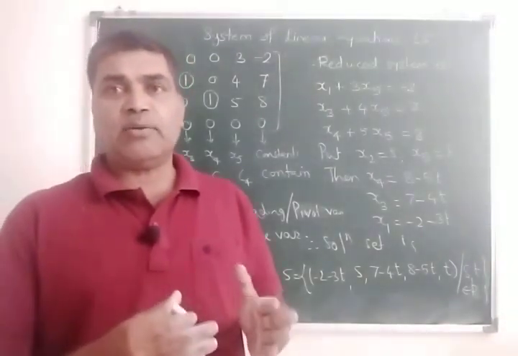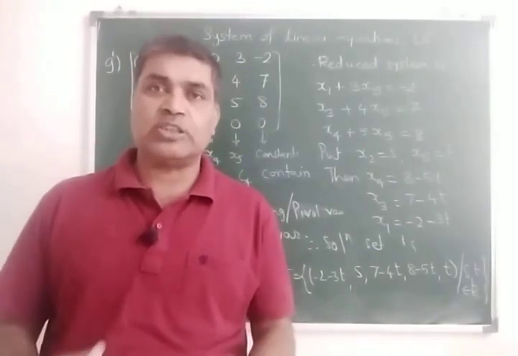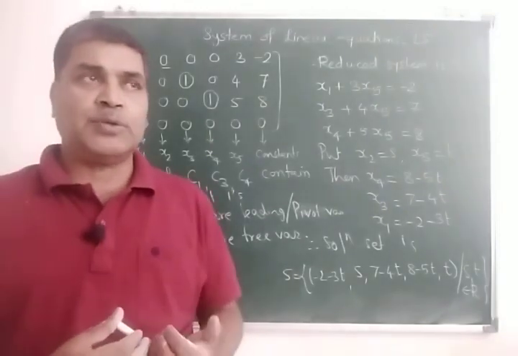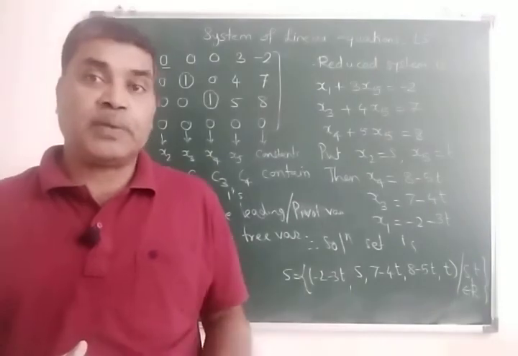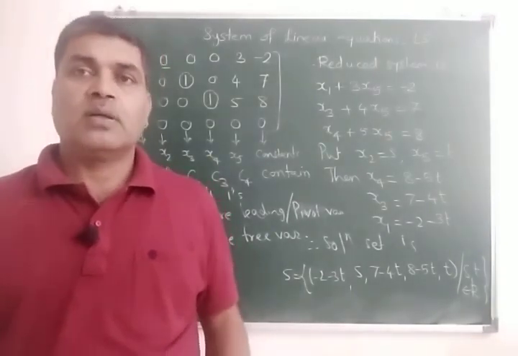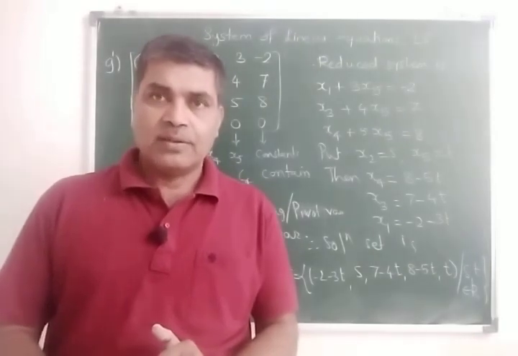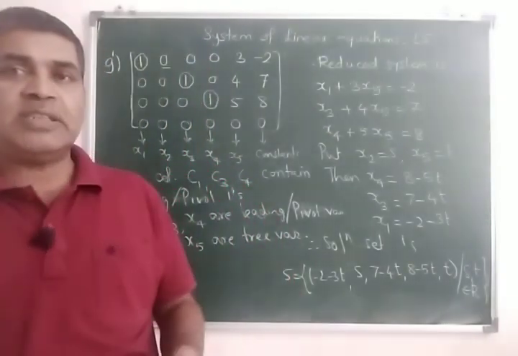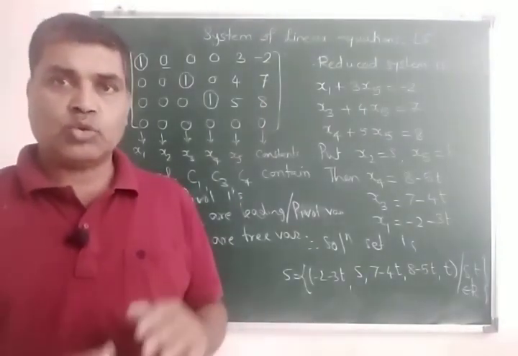And if rank A equals rank AB equals number of unknowns, then system is consistent and it has unique solution. If rank A equals rank AB is less than number of unknowns, then system is consistent and it has infinitely many solutions. If rank A is strictly less than rank of AB, then system is inconsistent and it has no solution.